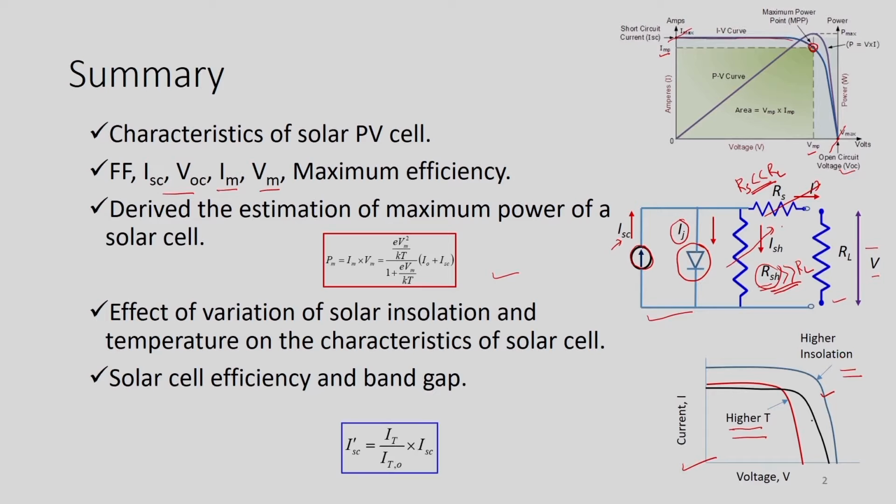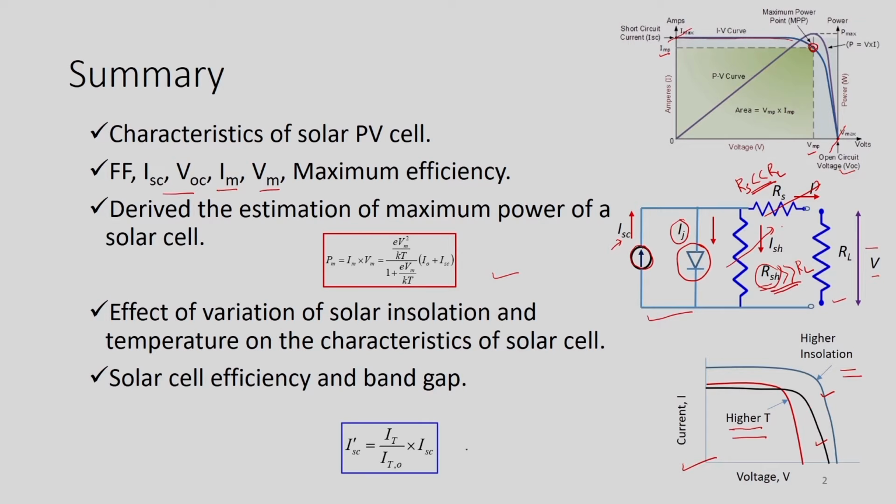As temperature increases, the shape of the IV characteristic curve changes and we get a lesser amount of current, and efficiency finally becomes very low. If we operate at standard test conditions, maybe at 25°C, then we will get maximum conversion efficiency. Otherwise, if the ambient temperature increases, the cell temperature will increase accordingly, and we will get lesser conversion efficiency.